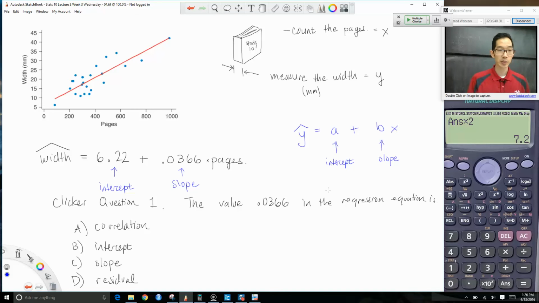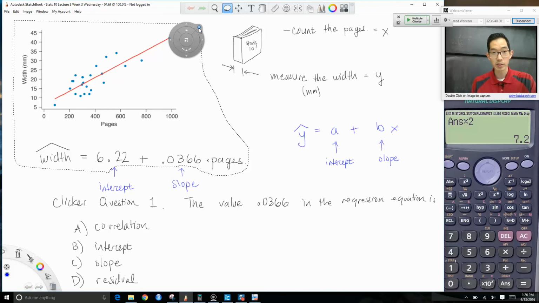Based on this, if I plug in a book with 400 pages, how wide do we predict it will be? Let me copy this onto our next slide here.